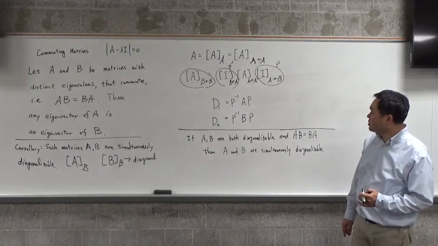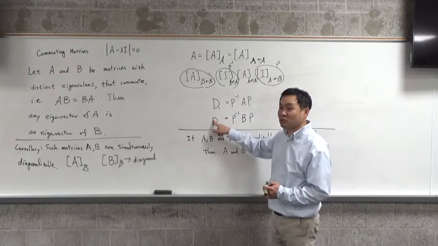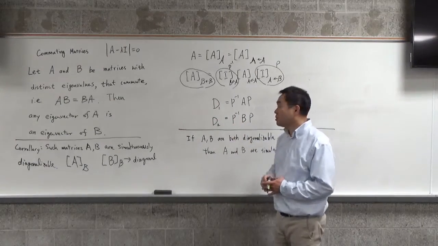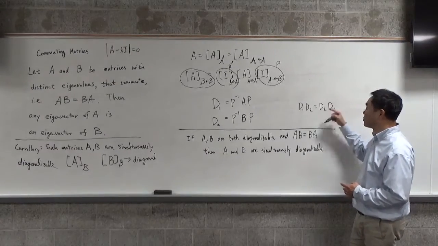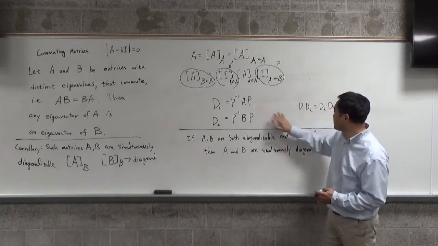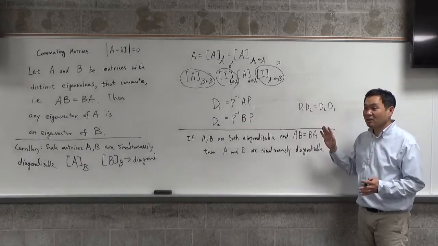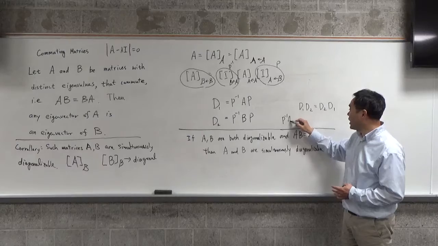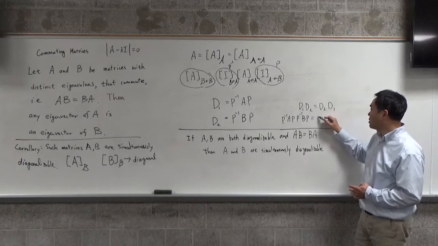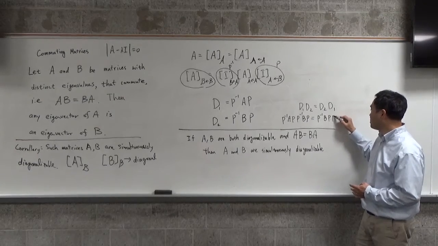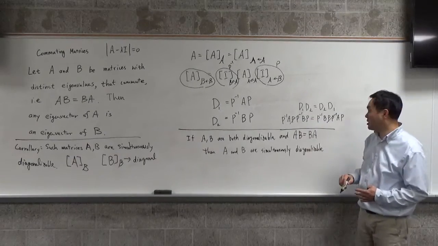Another thing is, two diagonal matrices always commute, right? So we also know that D1 D2 is equal to D2 D1 for diagonal matrices. And if you plug in P inverse AP and P inverse BP on both sides, what do you get? We get P inverse AP, P inverse BP equals P inverse BP, P inverse AP, and then the P and P inverse, when they multiply, they cancel.